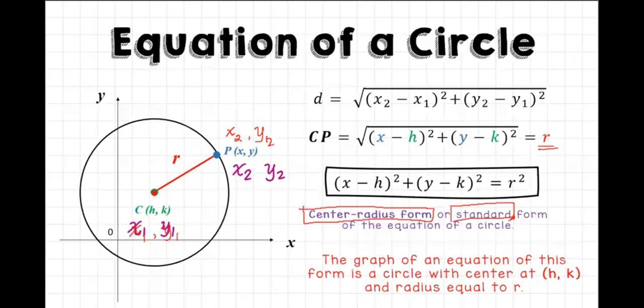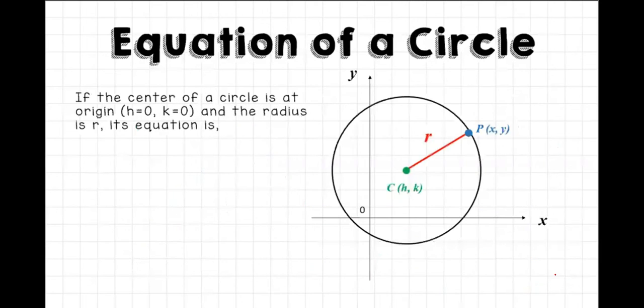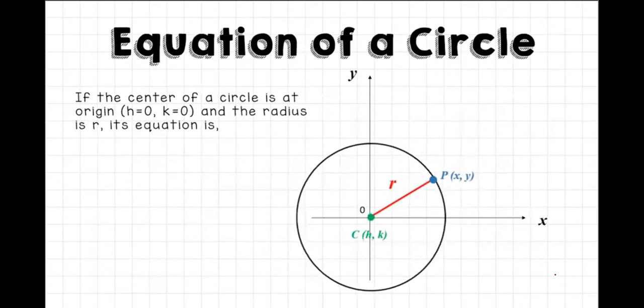Next natin. What if your center, instead of being h, k, ay naging equal to the origin? So, nag-move yung circle mo from a center of h, k to a center of origin. So, h is equal to 0, k is equal to 0. What would happen now to your equation?